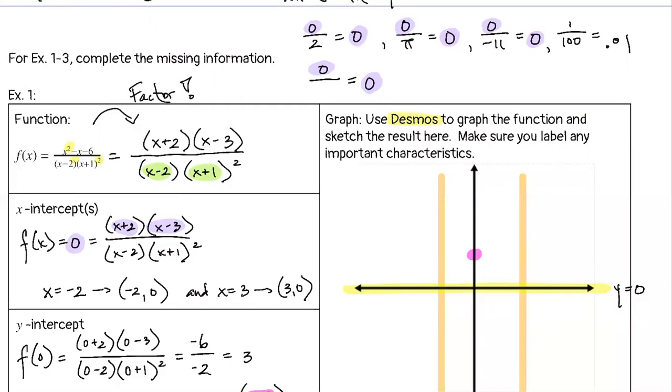And so if we plot those on our graph, we'll have an x-intercept here, and we'll have an x-intercept here. And if you look at the graph that Desmos created, you should see those two x-intercepts as well as that y-intercept, okay?